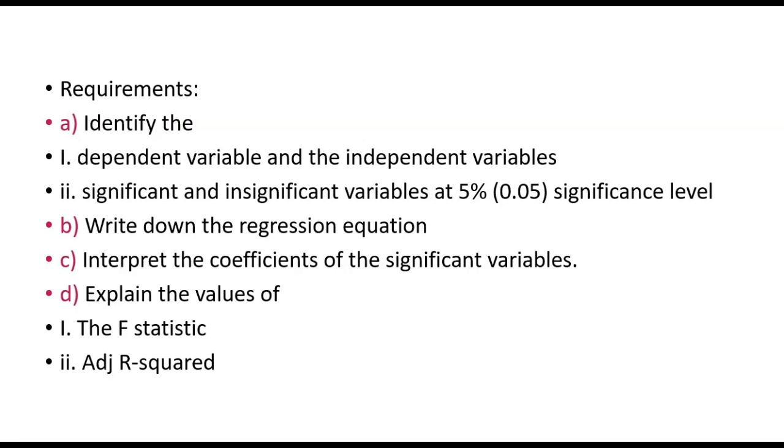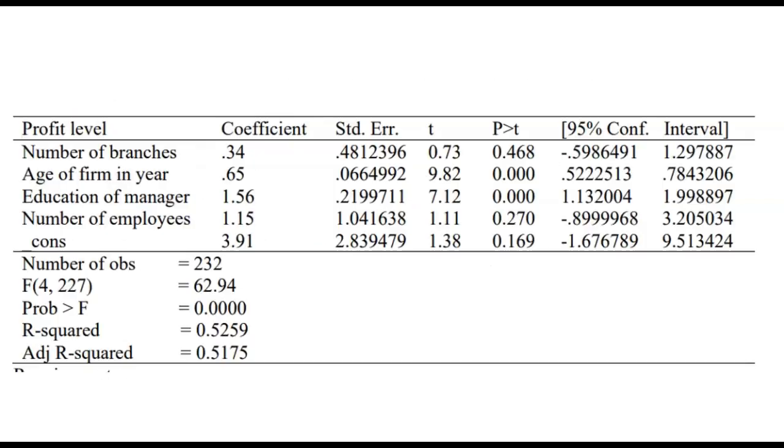If we want to find out the variables that are significant using this particular significance level that we've been given, that's 0.05, it means that we have to look at the p-values of the various independent variables that are less than or equal to 0.05. Those variables will be our significant variables, and the variables that have a p-value of more than 0.05 would be our insignificant variables.